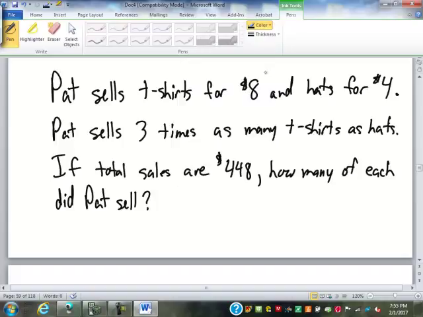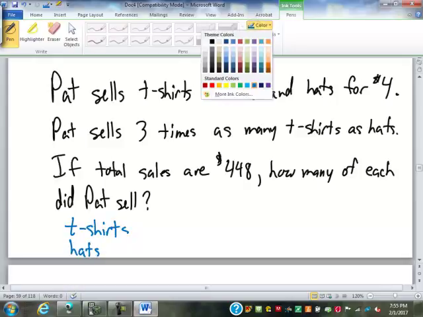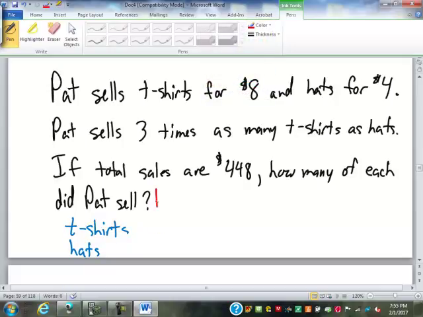There's an extra layer on this problem. So now we're not looking at people. We are looking at t-shirts and hats. And once again, it's the number sold. But notice I kind of left it a little blank here because we're going to have to fill in some other information.